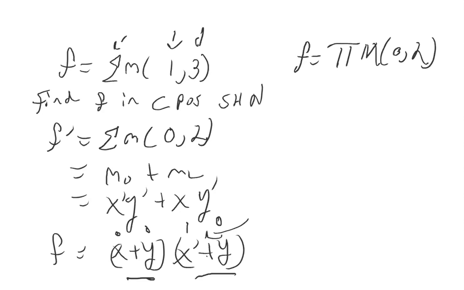So if we are looking at canonical forms in 2.2.2, conversion between forms, what we'll see is figure 2.17, page 58.